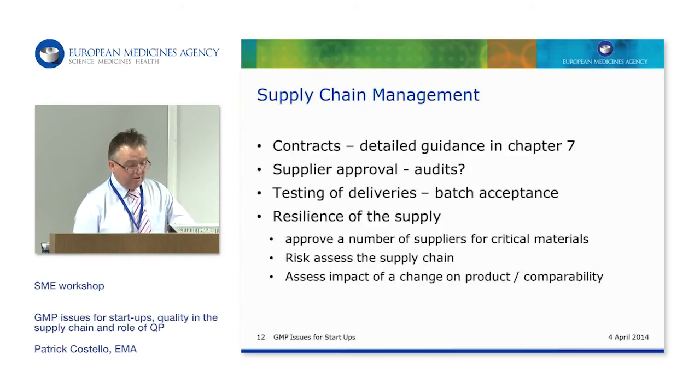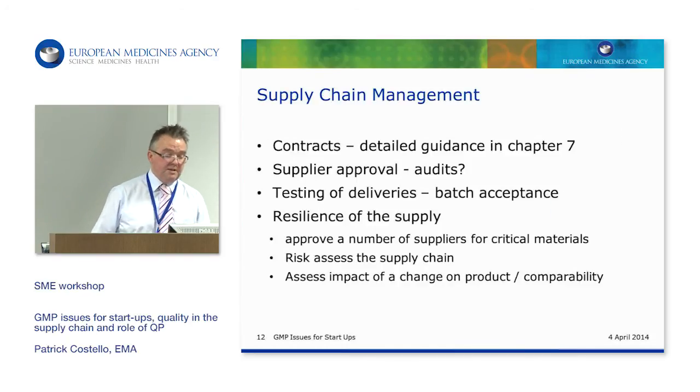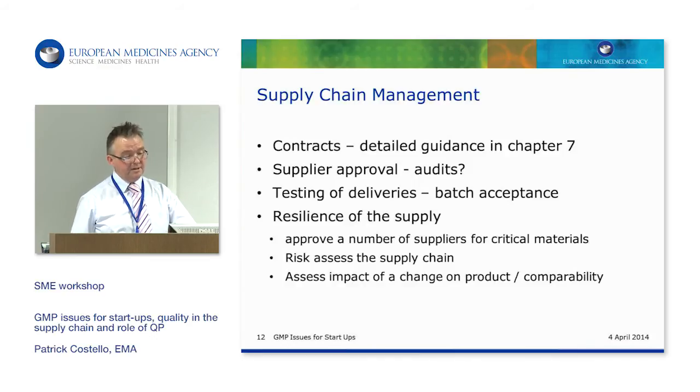So a little bit about supply chain management. The expectation of any inspection team walking into a facility is that for any of the key critical suppliers or entities that you do interact with, that there are contracts in place. And there's detailed guidance in relation to contracts in Chapter 7 of the EU GMPs.